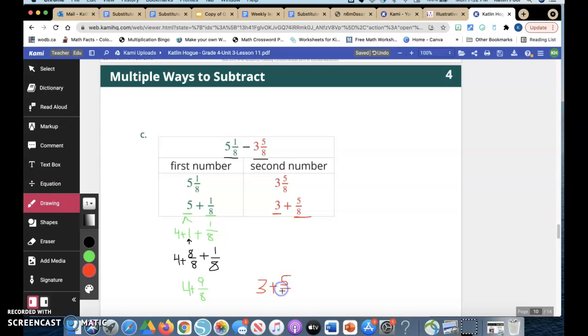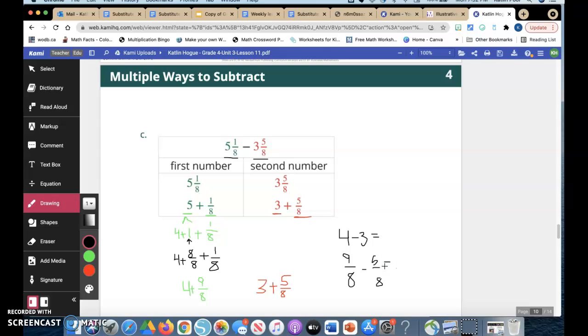Now, boys and girls, I need to solve. I'm going to take 4 minus 3 and 9/8 minus 5/8. So, guest teacher, can you pause the video, please, while they solve?